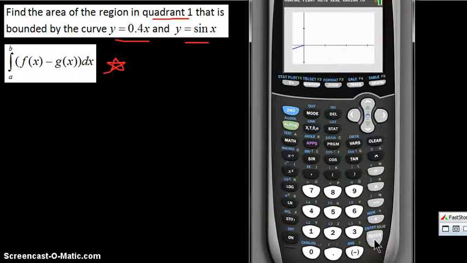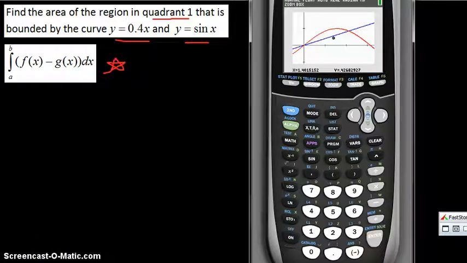Alright, so we are looking at the area over this part, bounded by the blue and the red.